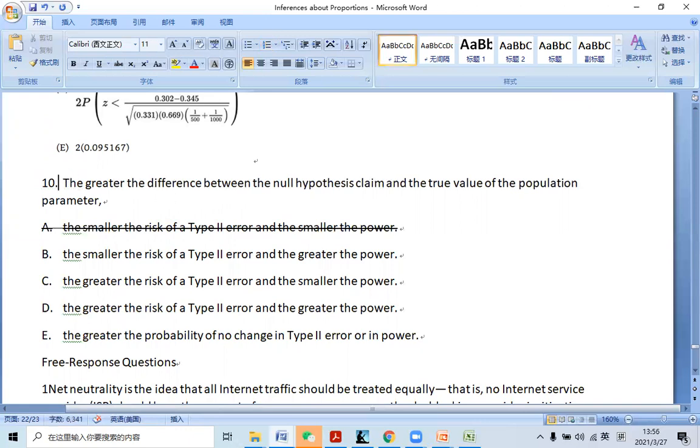The question says the greater the difference between the null hypothesis and the true value of the population parameter. If the true population parameter is really a big difference from the null hypothesis, does this allow you to have a smaller risk for type 2 error? Yeah, this one's good.